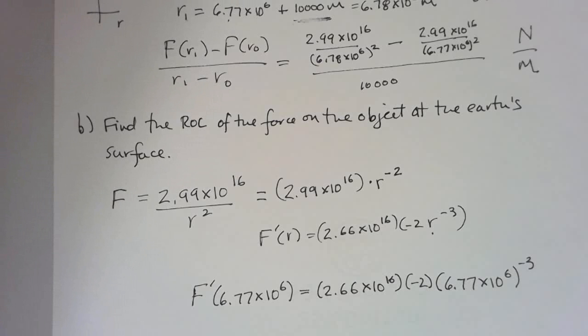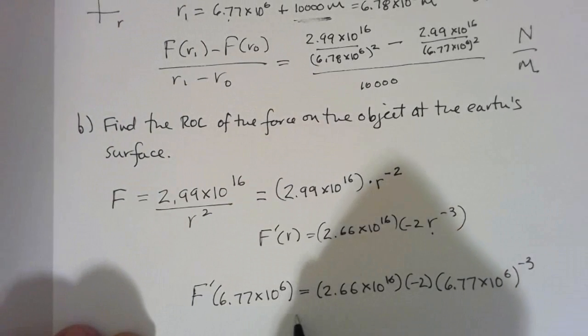Using my calculator on the computer here, I get 2.66 times 10 to the 16th times minus 2 times 6.77 times 10 to the 6th to the minus 3.